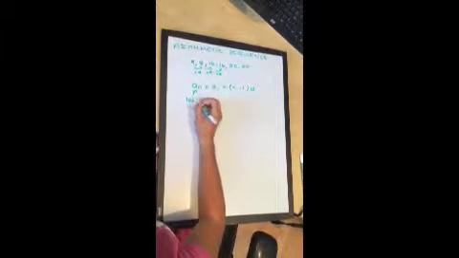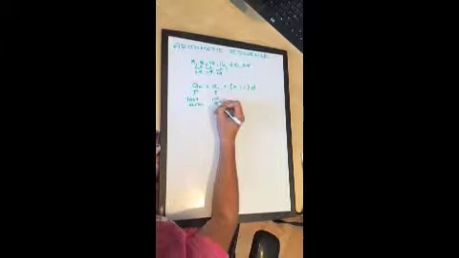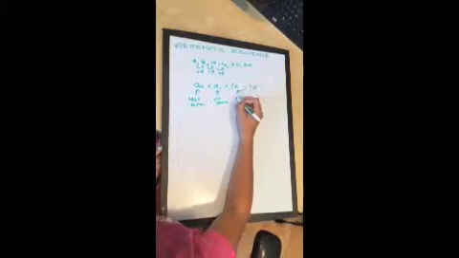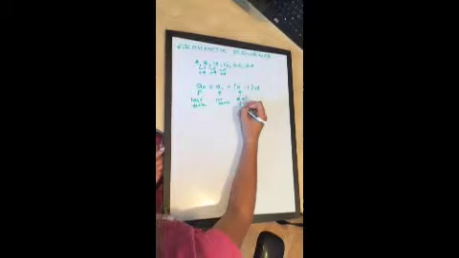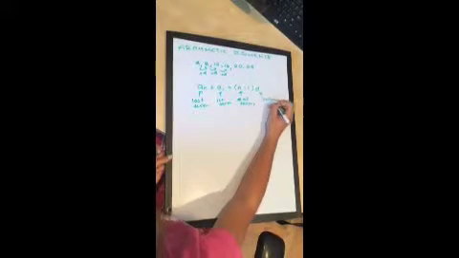An is the last term, A1 is the first term, n is the number of terms, and d would be the common difference.